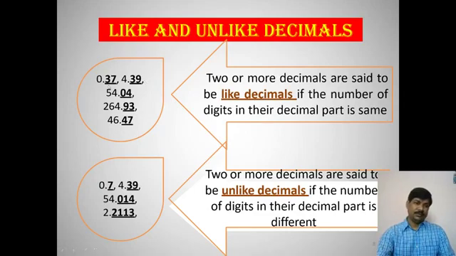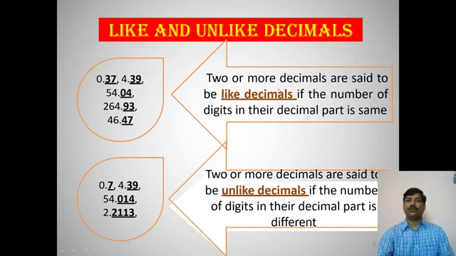In these numbers, we see that after the decimal point, the bold underlined part has 2 digits, 2 digits, 2 digits, 2 digits, 2 digits. All these decimal numbers are written up to 2 places.